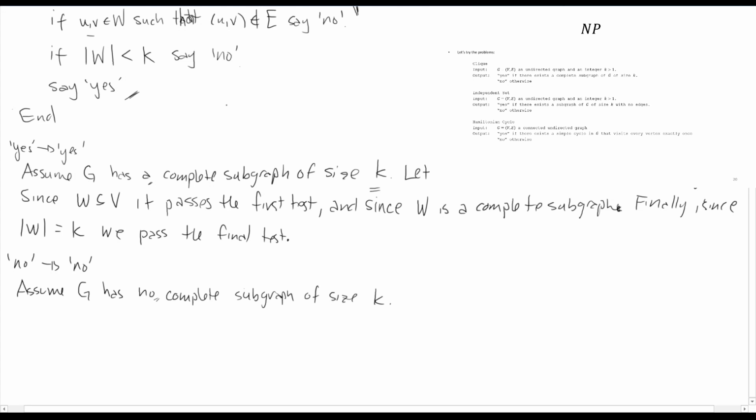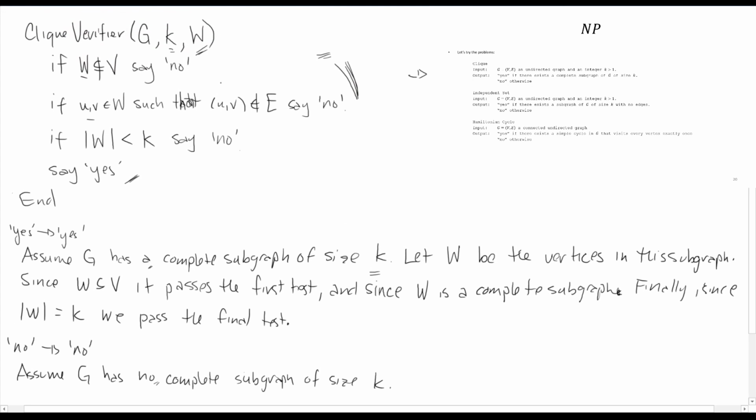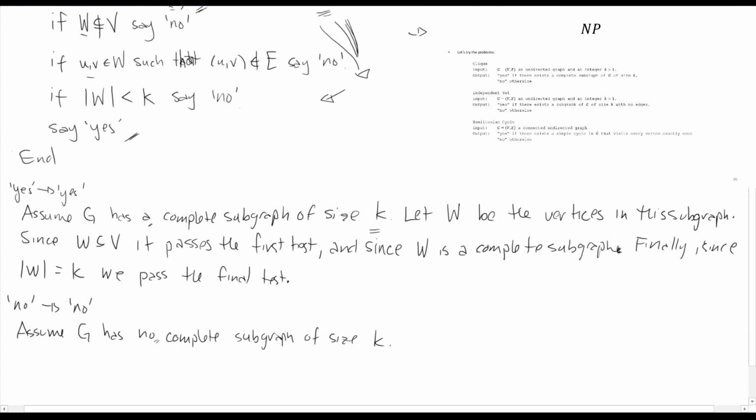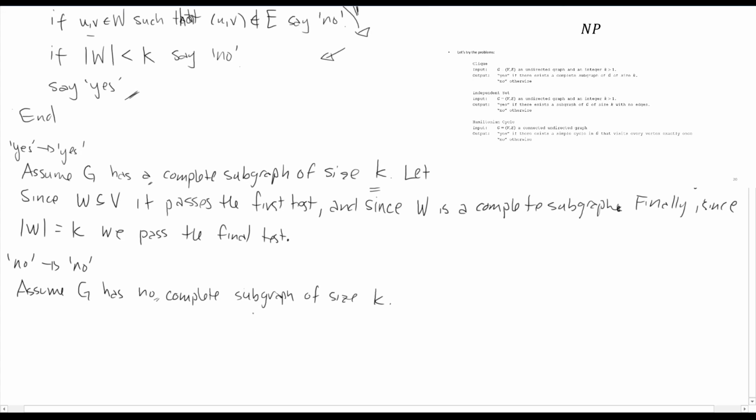Again, remember how I like to make this argument. I'm going to assume we passed the first couple tests, and then argue that we didn't pass the last one. So we assume G has no complete graph of size k. Now we're going to assume W is a subset of vertices such that W is a complete subgraph.